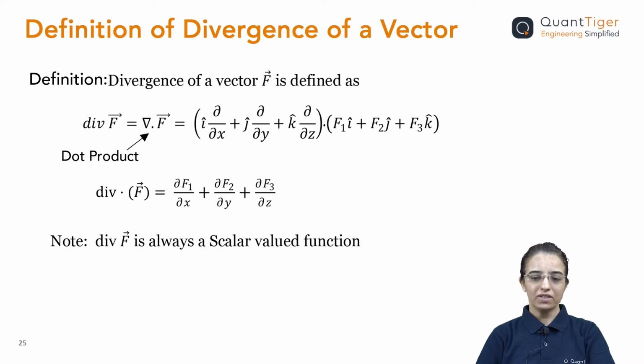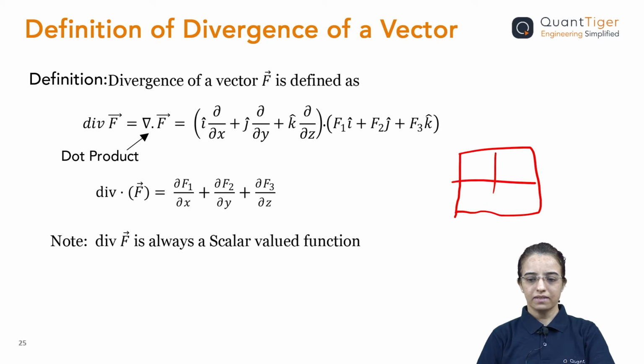So let's imagine, I will just draw a simple diagram, like let's say this is one vector field. If you see this, let's say this is representing some fluid and it has some velocity, which is representing the f vector.